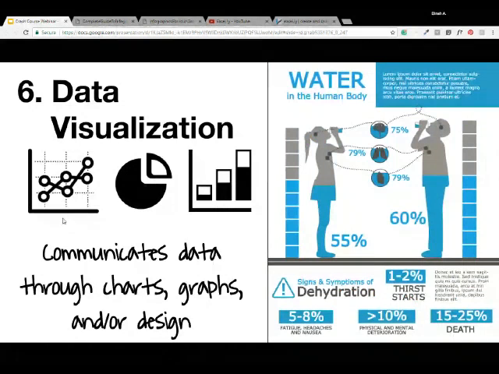So data visualization communicates data through charts and graphs and design. Of course, this is where, when you're thinking about infographics, a lot of times people just think of infographics as being the pie charts and the bar graphs, or a combination of this and other information.